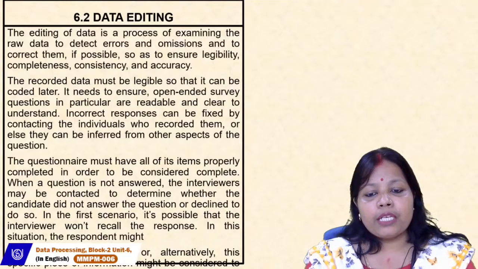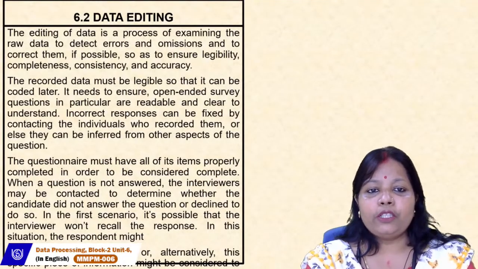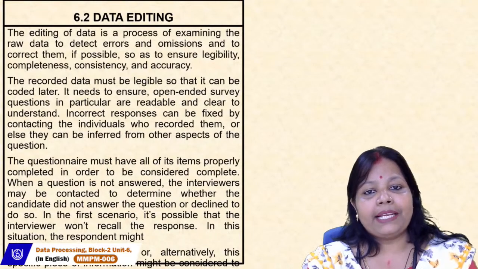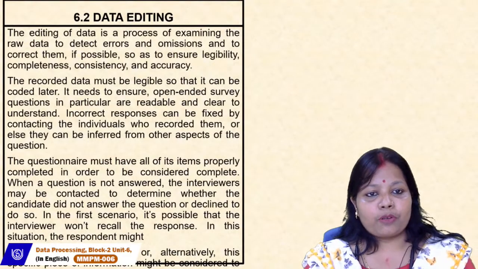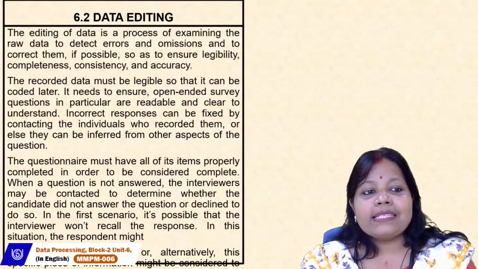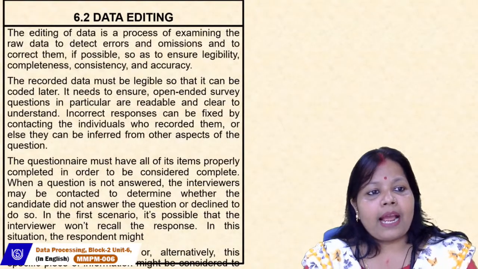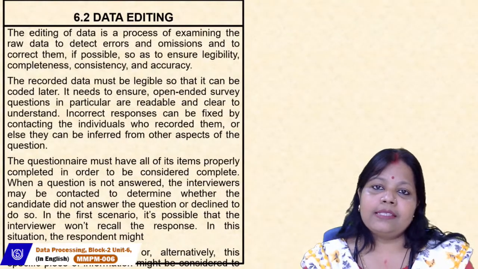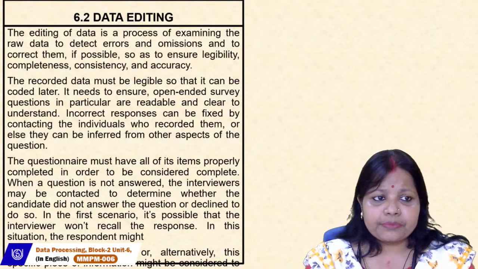So such information we need to clear, or we need to omit these kinds of errors from the data. After this process, we can ensure that my data is legible and complete, consistent, and at the same time accurate for the data analysis.